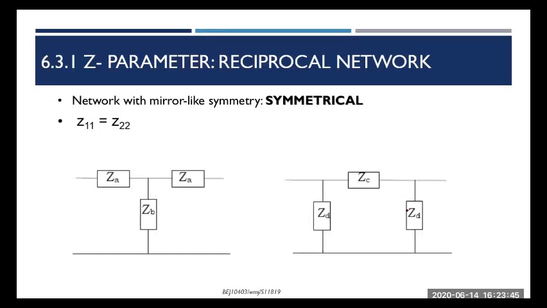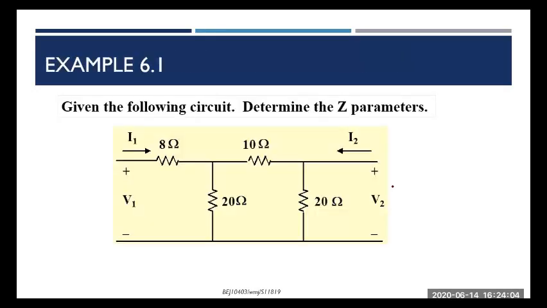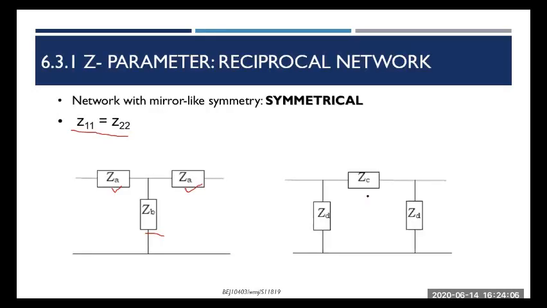In the symmetrical case, your Z11 will be equal to Z22. So it will look like this. Your Z11 equals Z22, and this one is your ZT. While you can also have it like this, ZC, and this is ZT and ZT.